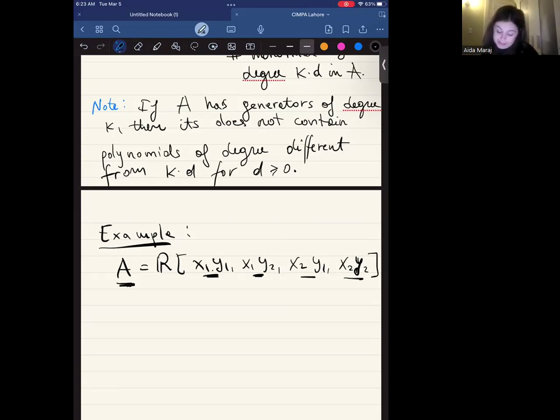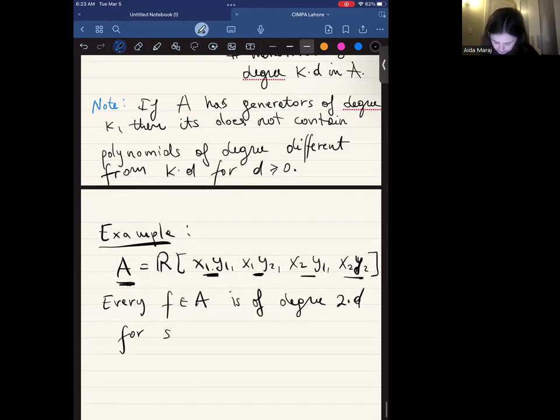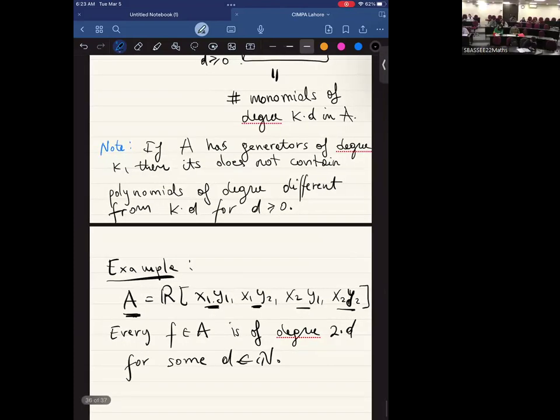So every homogeneous F in A is of degree 2 times D for some D.